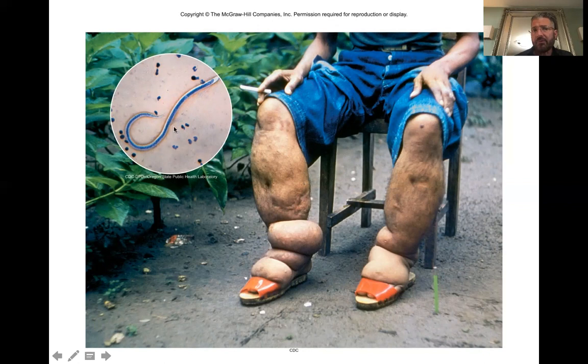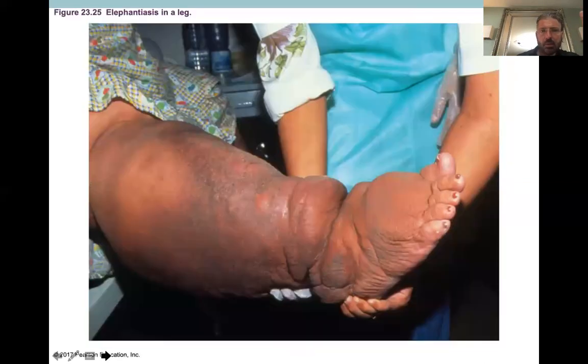The larvae turned into the filaria worm in the lower legs, in the lymph nodes. So now all this lymphatic fluid from the capillary beds that didn't get returned through hydrostatic or oncotic pressure has no way of recirculating back to the heart.